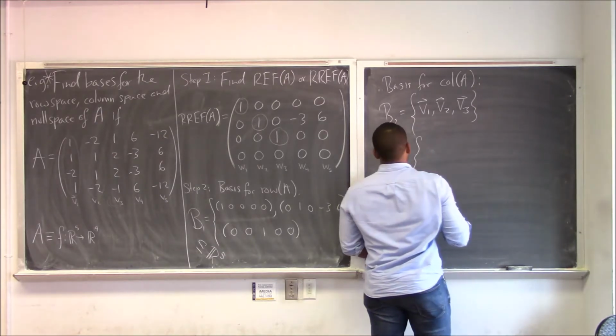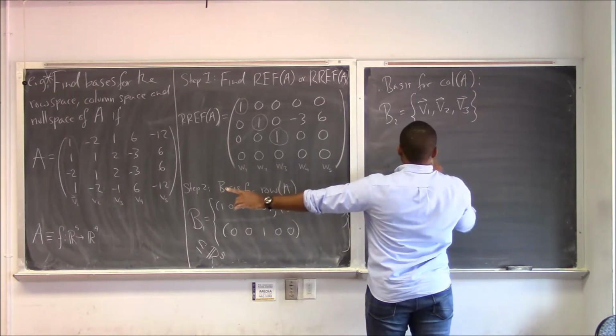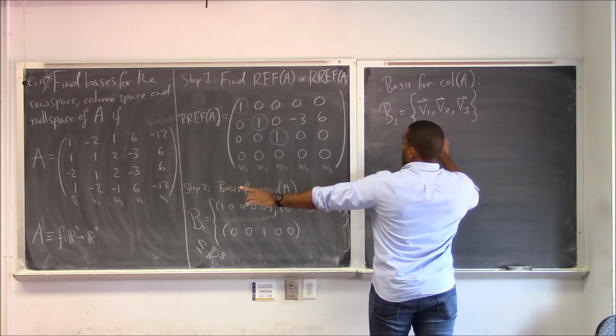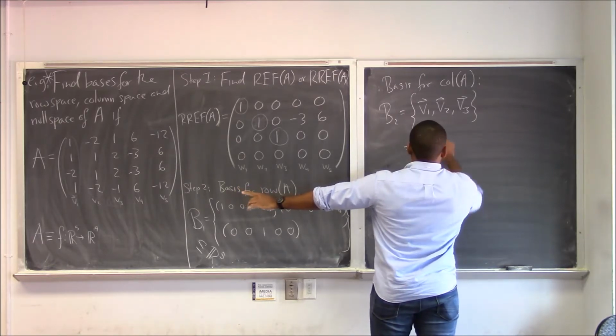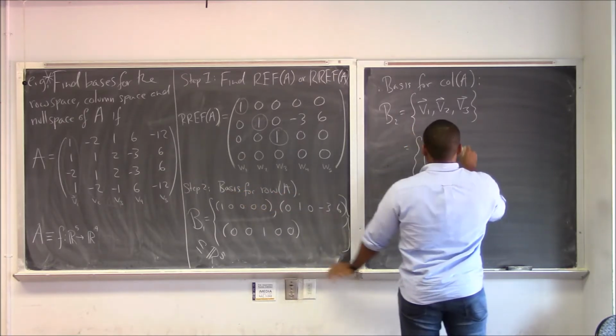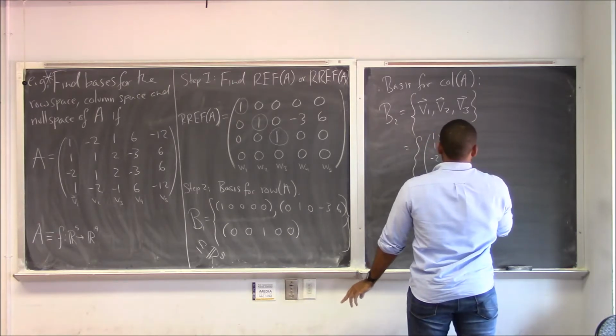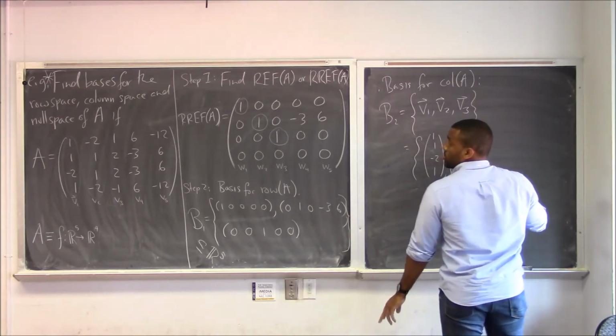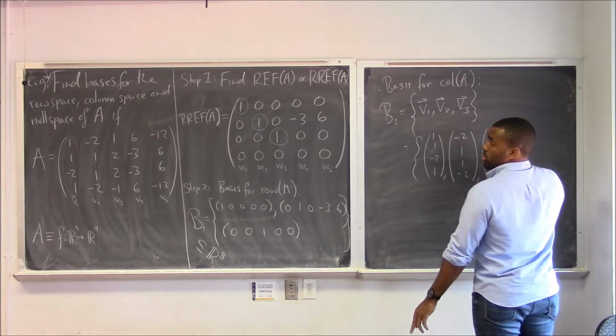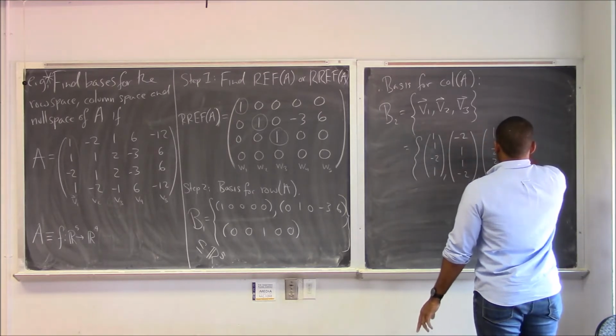Or if you want to write them out, which you may want to do, it's actually the column vectors 1, 1, minus 2, 1, minus 2, 1, 1, minus 2, 1, 2, 2, minus 1.